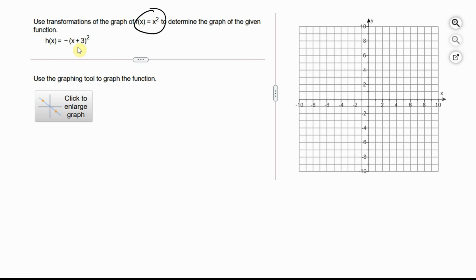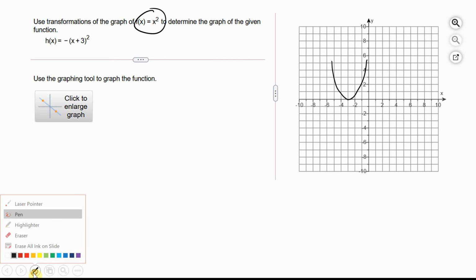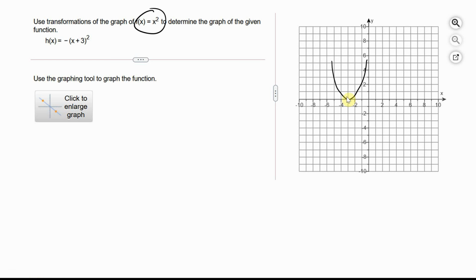So let's first graph x plus 3 all to be squared. So move over to -3, and we have this guy right here. But then what we want, since it's negative out front, that guy is doing that.